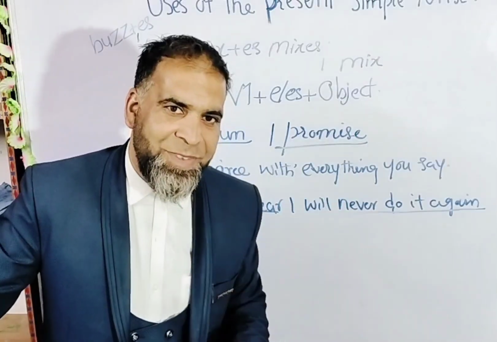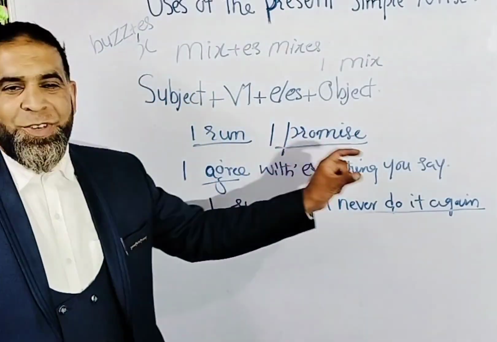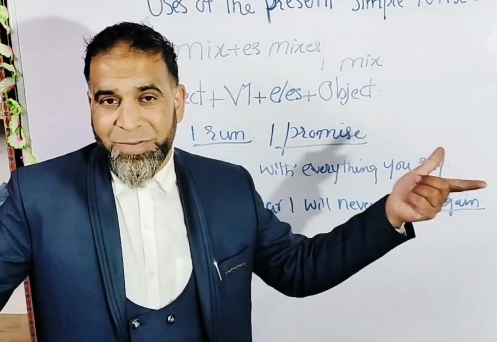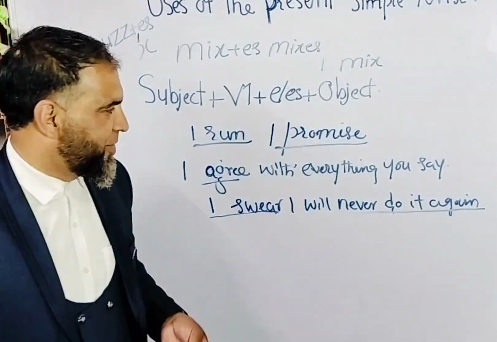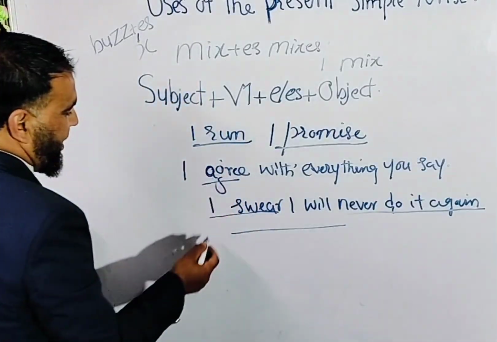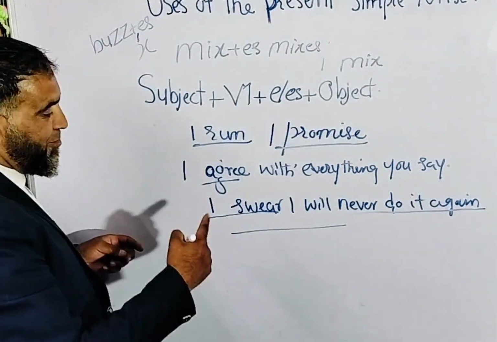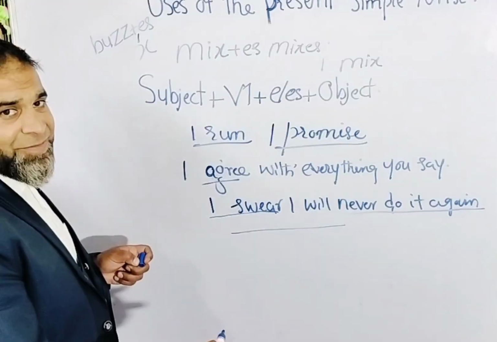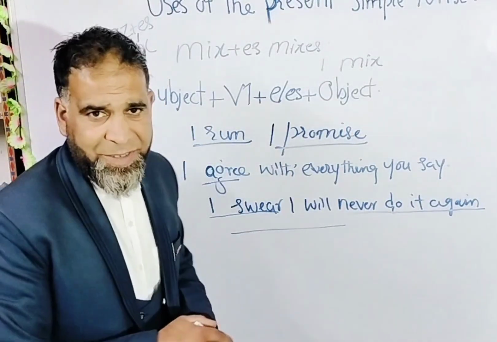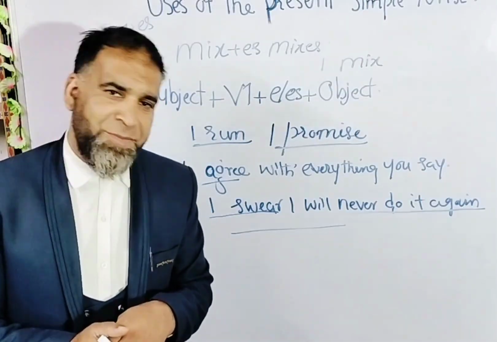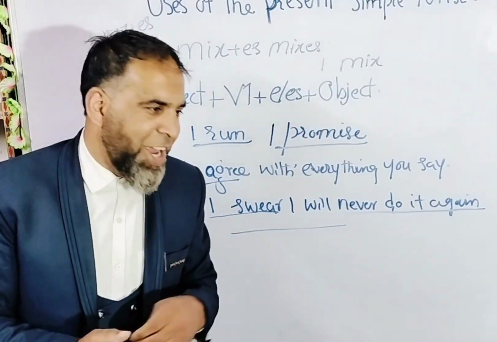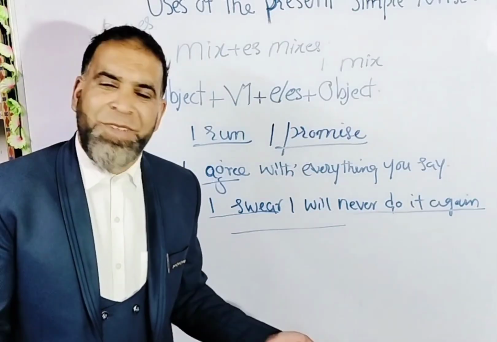So we call them performative verbs. Like, I declare, I bet, I admit, I confess, I made a mistake.